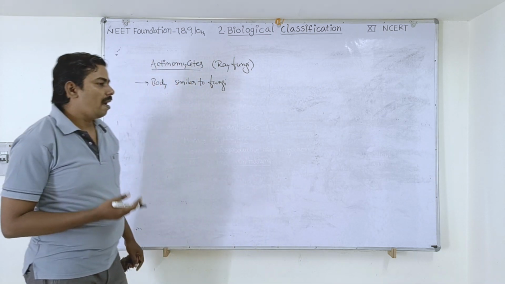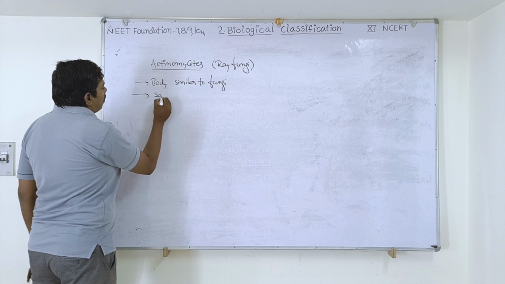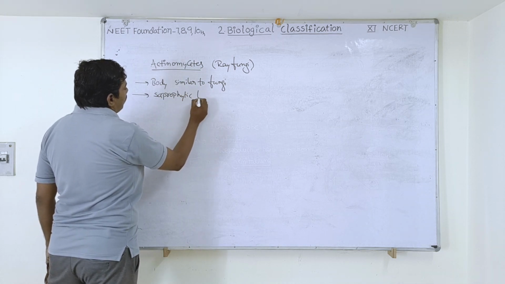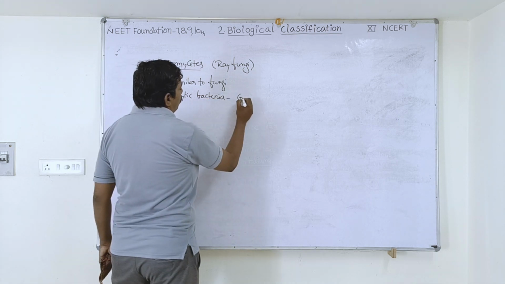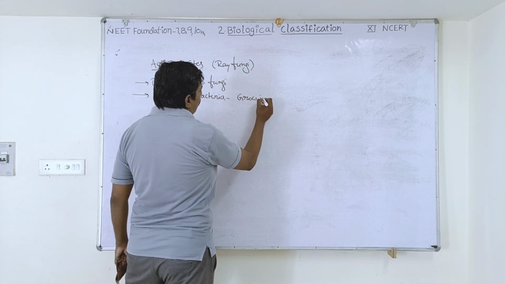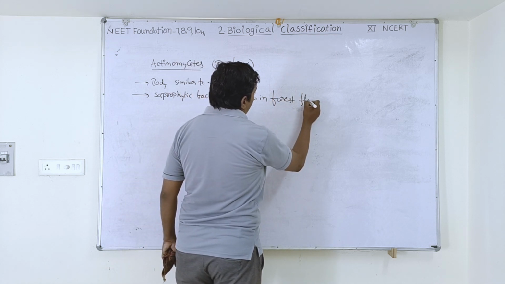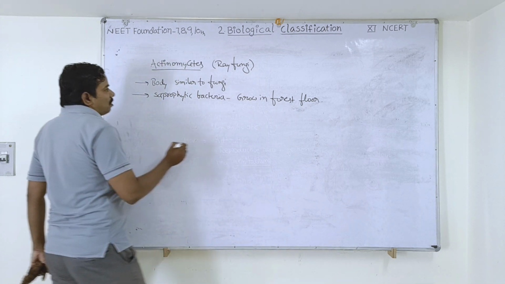And also they behave as fungi. They are saprophytic bacteria which grow in the forest floor. So what do they do in the forest floor? They will decompose the plant waste. So imagine this is the forest.